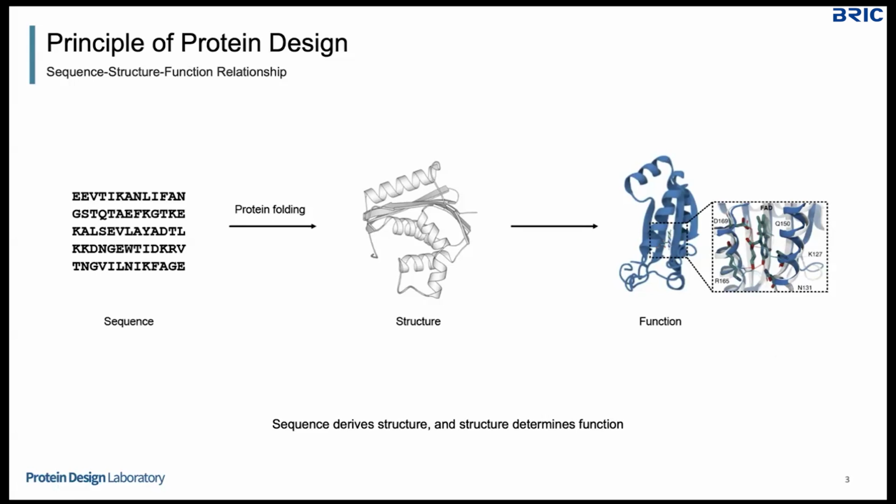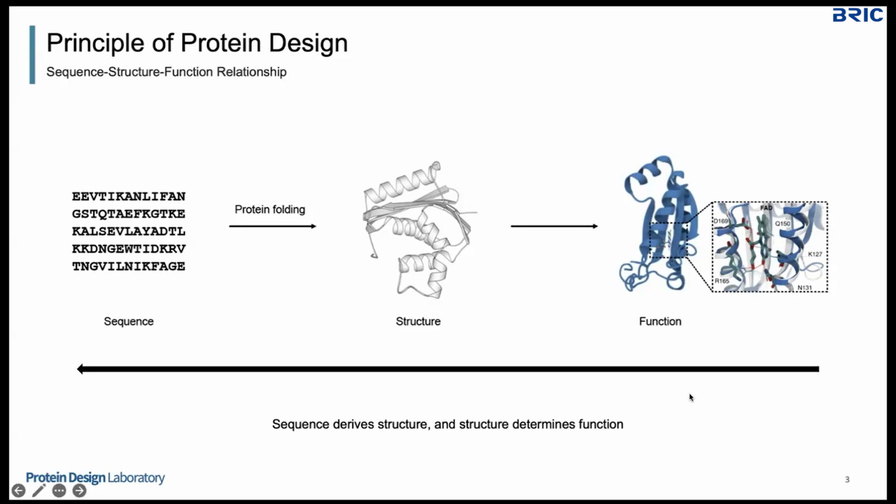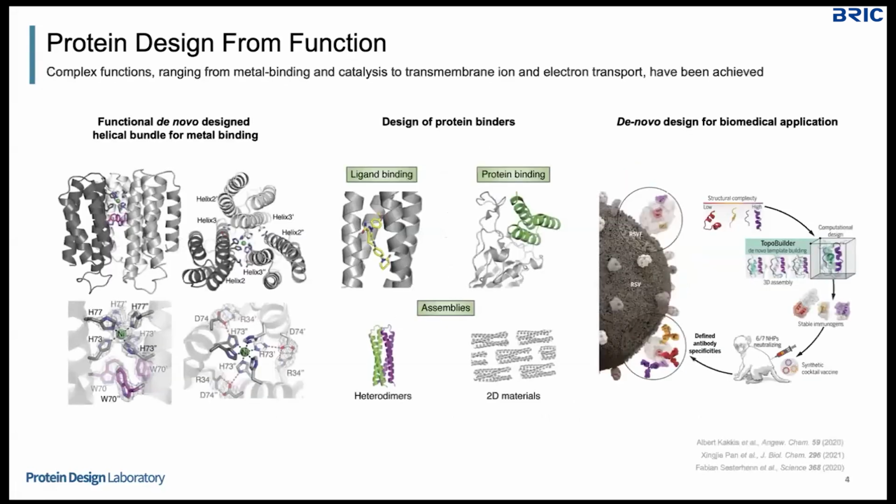So researchers started to work backward: decide what kind of function we need the protein or peptide to have, then pick the structure that fits that function, and then choose the sequences that could make that structure fold. This is the basis of protein design that people follow nowadays.